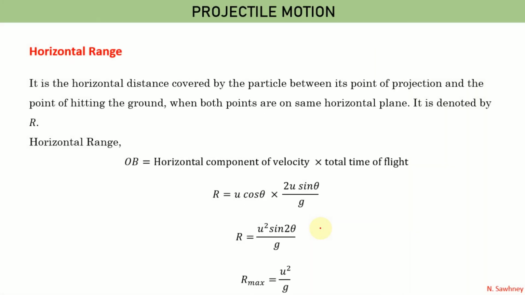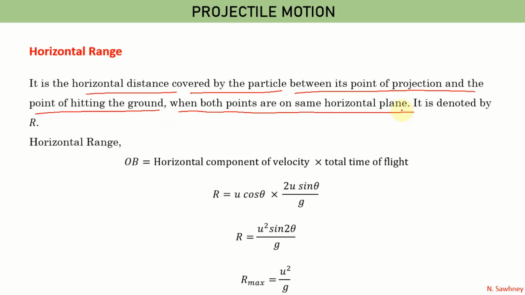Horizontal range. It is the horizontal distance covered by the particle between its point of projection and the point of hitting the ground when both points are on the same horizontal plane. It is denoted by capital R. As it is the horizontal range, it is due to the horizontal component of the velocity.